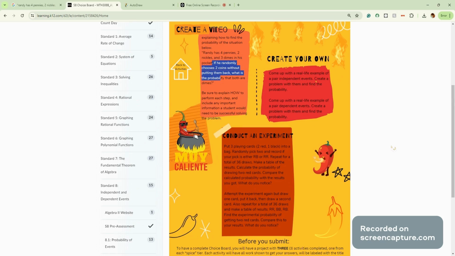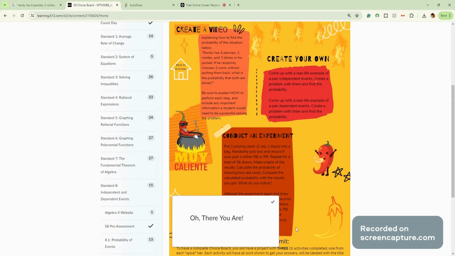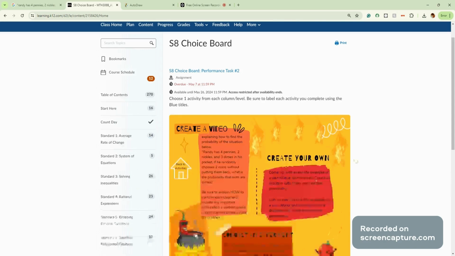But before we can even solve this, we have to know what our independent and dependent events look like. Independent events are events that don't really change the outcome of the probability. I think that's how I will put it.